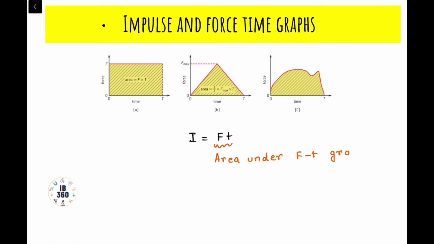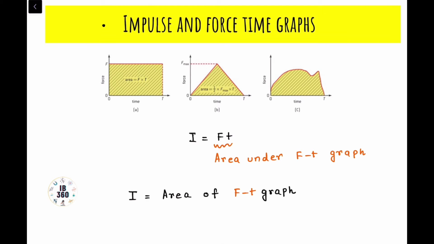So impulse is the area of the force time graph. If you have been given a force time graph and you calculate its area, you will get the net impulse.